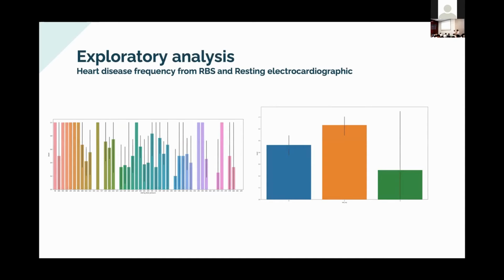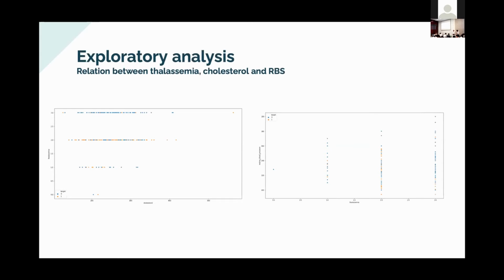Next is the heart disease frequency between RBS and resting electrocardiographic results. The resting electrocardiographic measure is 0 for normal, 1 for having ST-T wave abnormality, and 2 for showing probable or definite left ventricular hypertrophy.